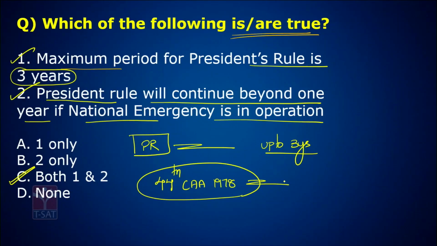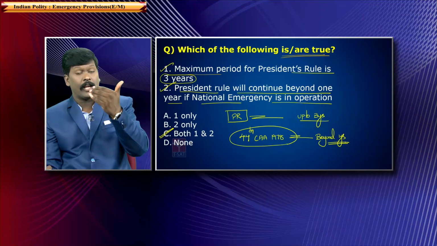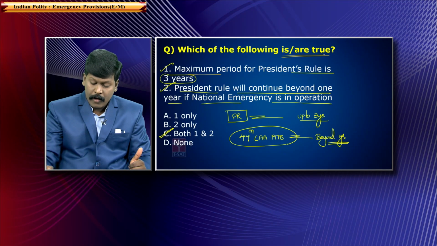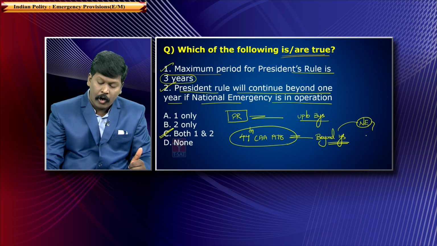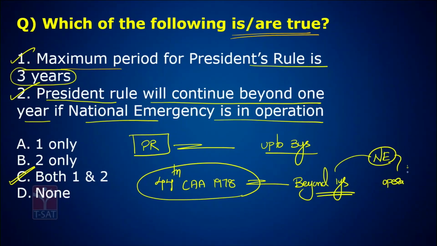for state emergency or president rule to continue beyond 1 year, there shall be national emergency in operation in the country.